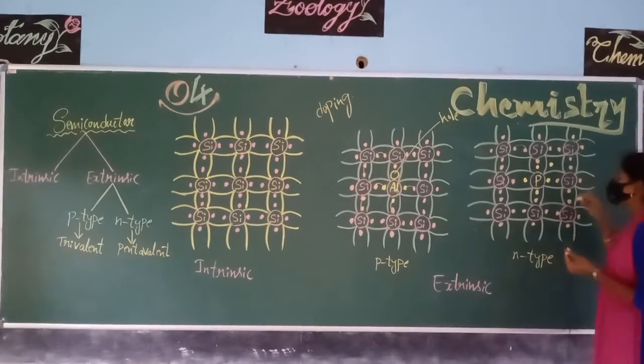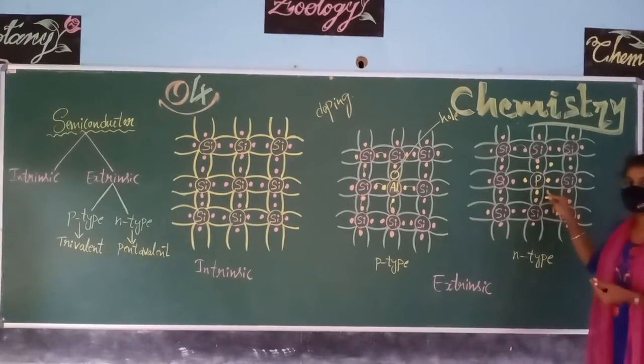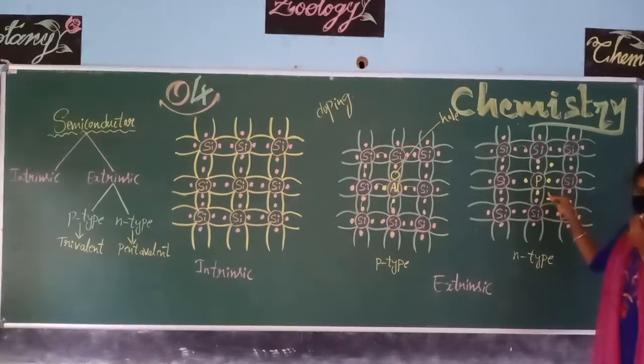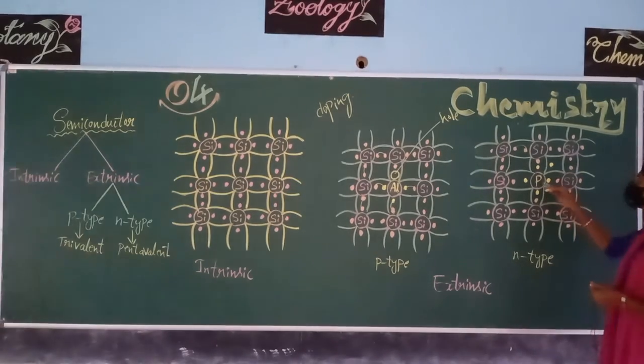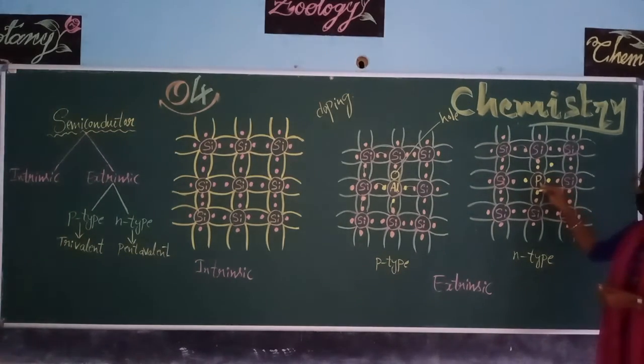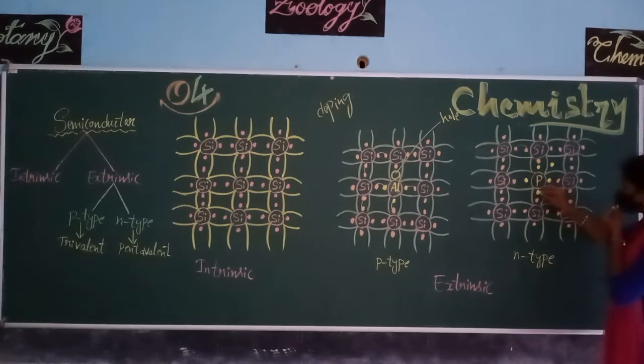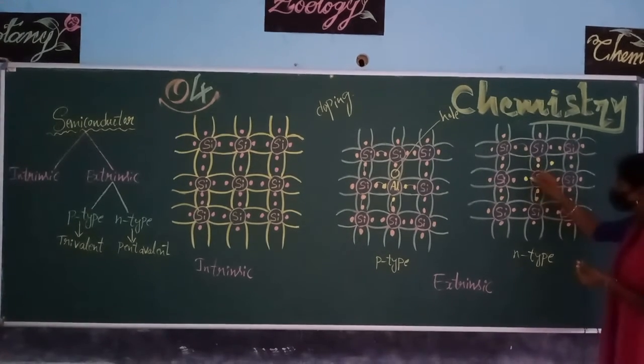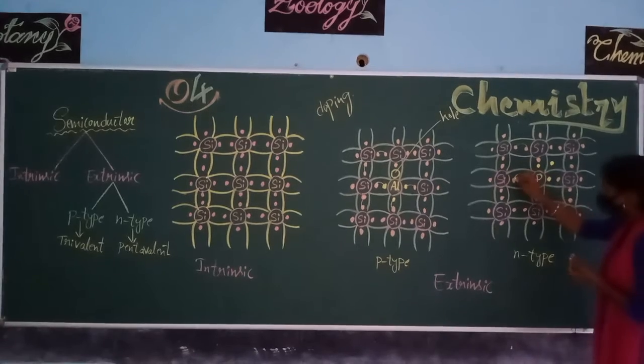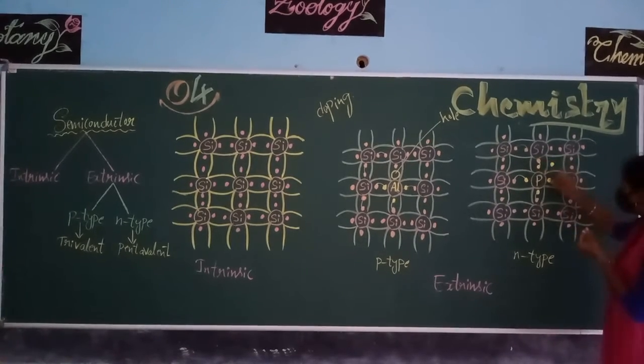Here in between we added a pentavalent element, that is phosphorus, as an example. This phosphorus has 5 electrons in the valency shell, so 5 electrons we have to represent here. One electron of the phosphorus is shared with the neighboring silicon, and this electron of the phosphorus is also shared with the neighboring silicon atom.